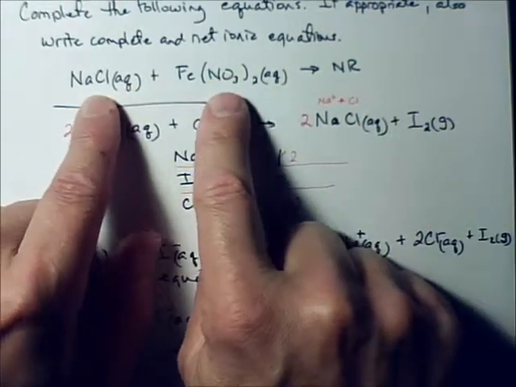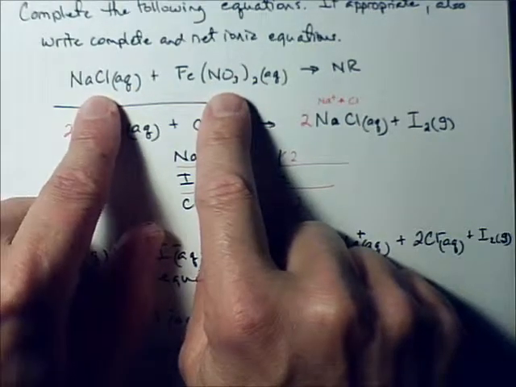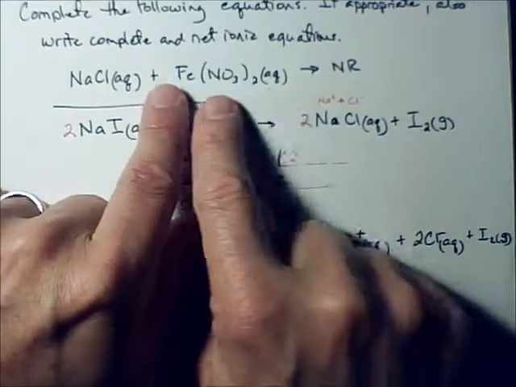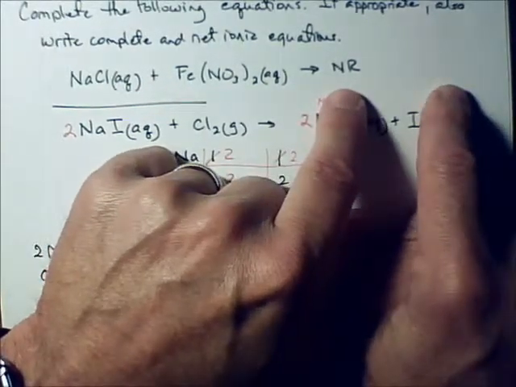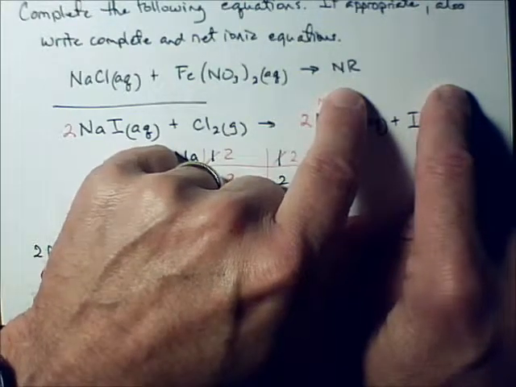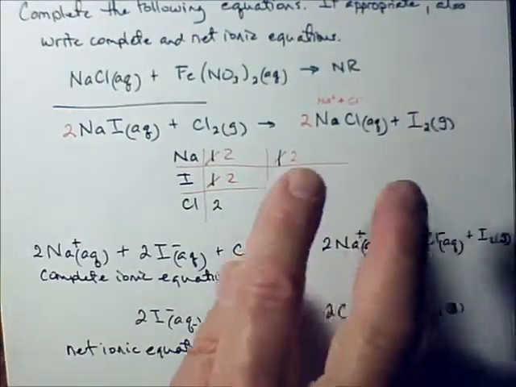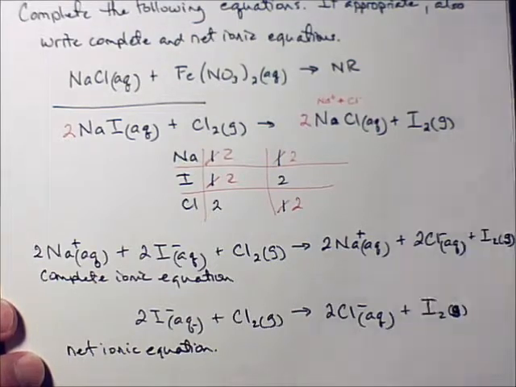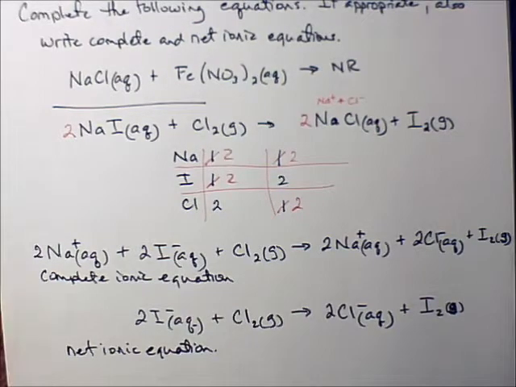For double replacement reactions like this one, you don't know if it's going to be a reaction or not until you see how the products go together over here and then figure out if you have a water or you have a solid in this class. Okay? We don't have to worry about determining if gases are formed. Okay? All right, does everybody follow me okay here so far?